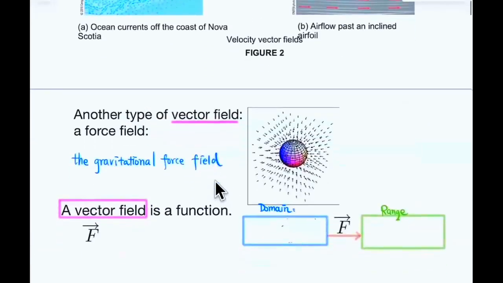Now we also have vector fields on R3. One example of a vector field on R3, three-dimensional, is the gravitational force field. Think about this as the Earth. Every object in space is going to be attracted by the Earth, and the gravitational force field is pointing inward, right?